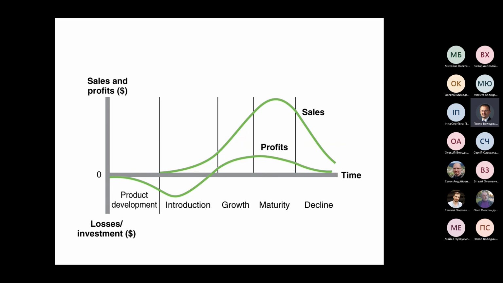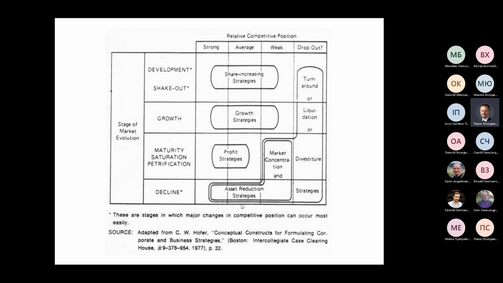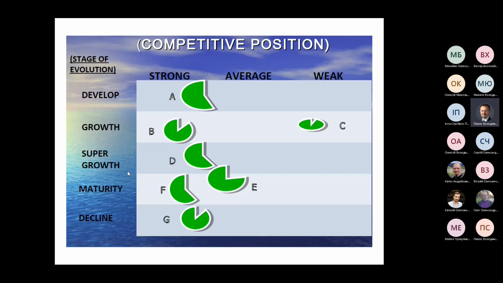At this part the market is also growing, but the speed of this growth is much less than here. So we can say that there are two different intervals, and Charles Hofer decided to divide one stage growth into two stages, as you can see here.